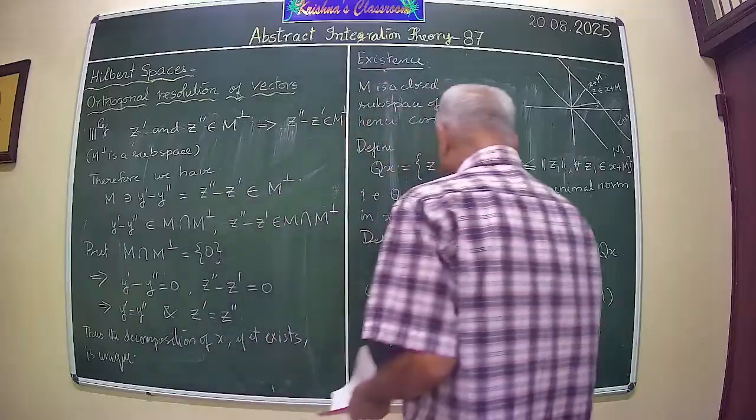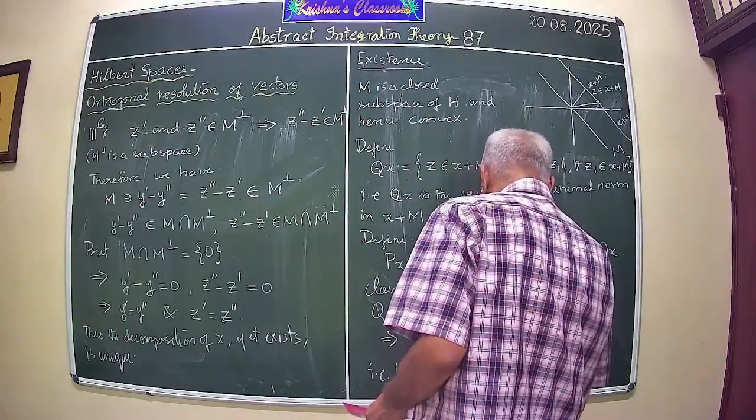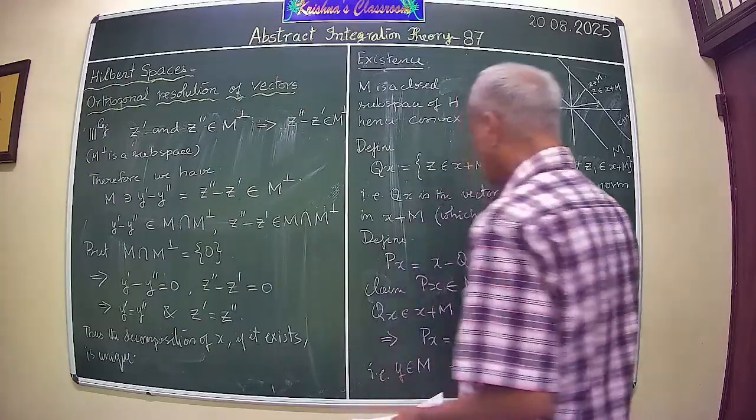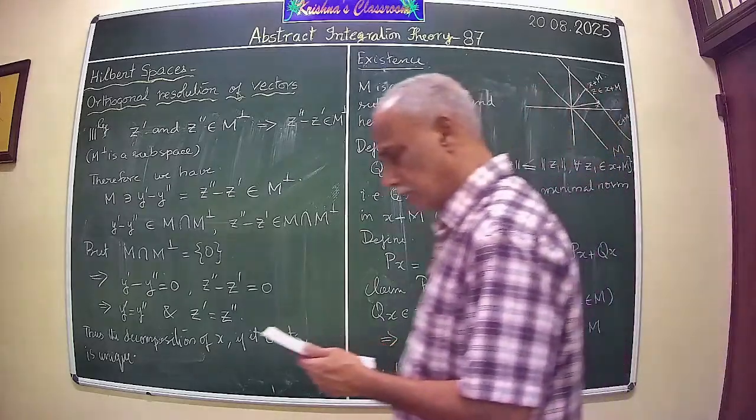So P is a map from H to M. We shall prove that both P and Q are linear. Okay, so that's what we have.